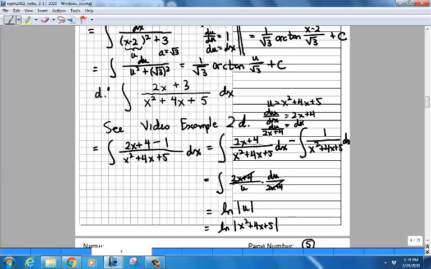So you divide the 4 by 2, and then you square the 2. So what would that be? 4, yeah. So you put a 4. So this bottom is going to be now x squared plus 4x plus 4 plus 5, but now I have to subtract what? The 4. So that's going to leave you with 1.